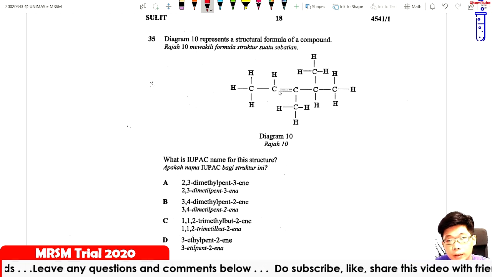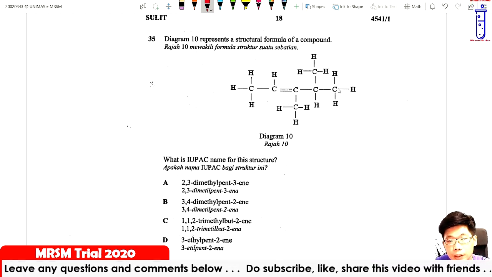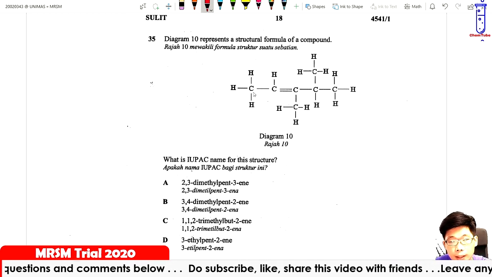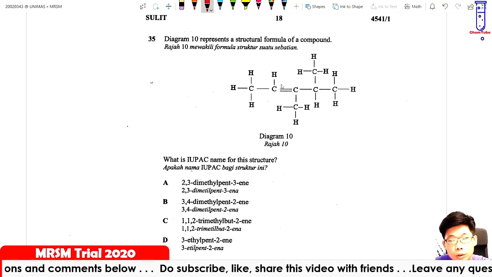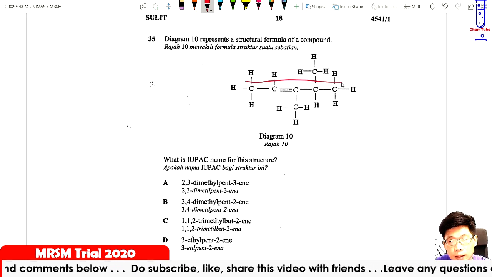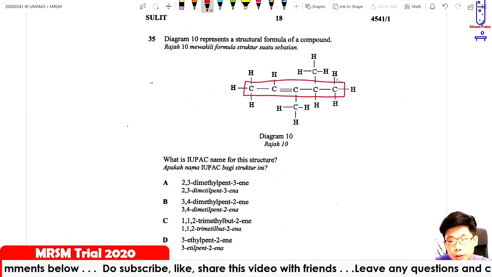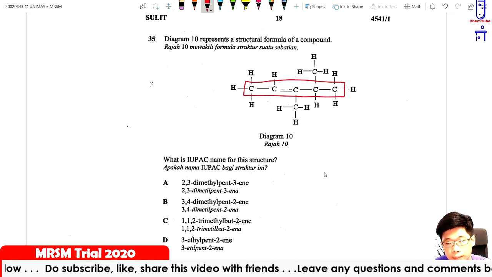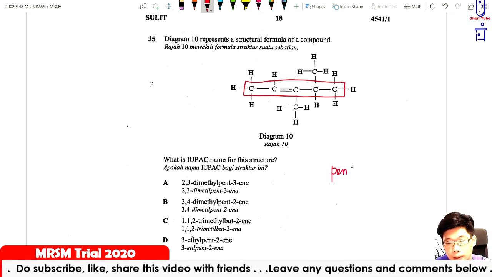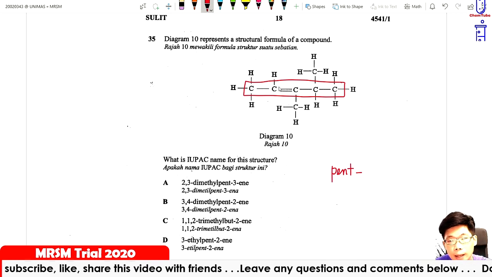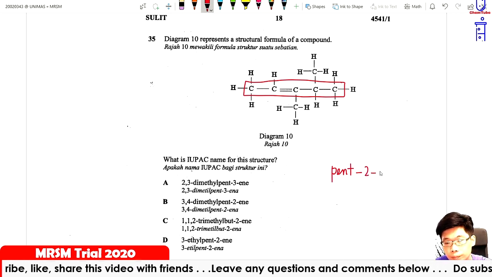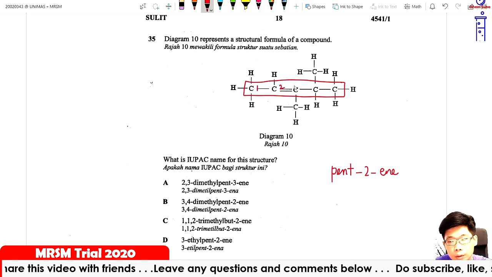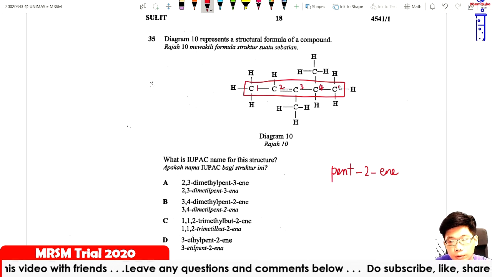We count from this side, because if you count from the other side, the double bond will be at carbon number 3. Counting from the left-hand side, it will be carbon number 2. So this one becomes the parent chain, 1, 2, 3, 4, 5, so it will be pent, carbon number 2, pentene.